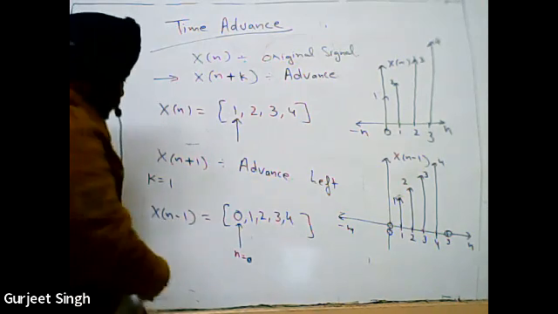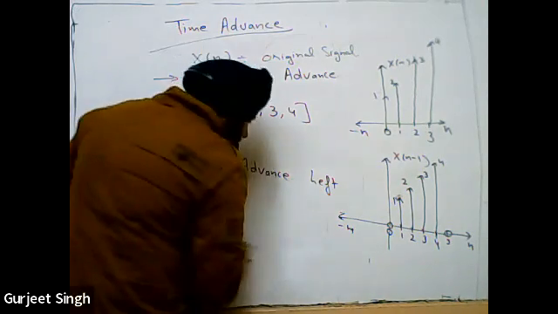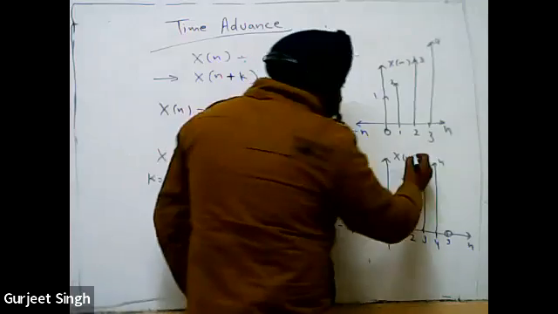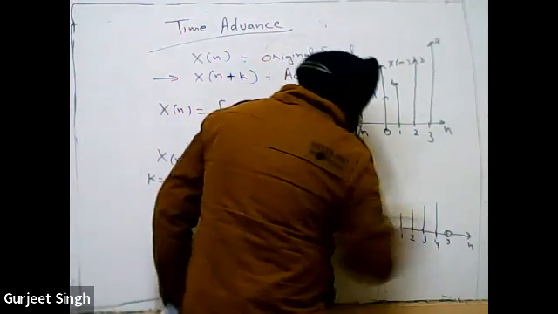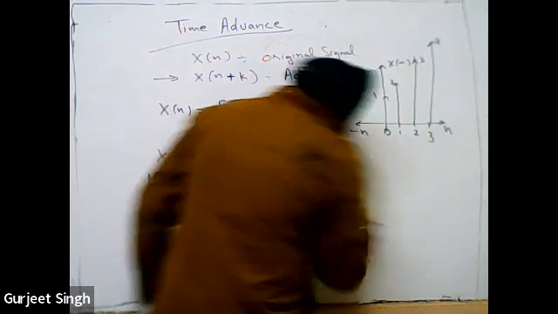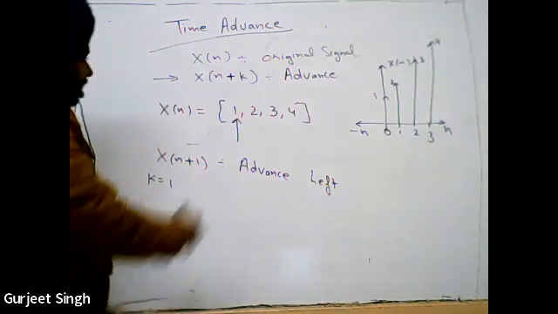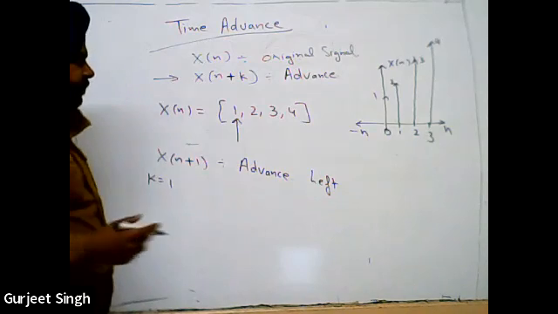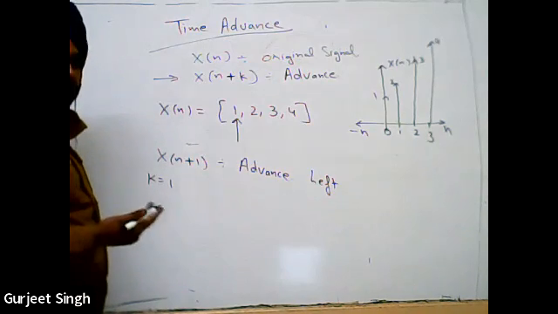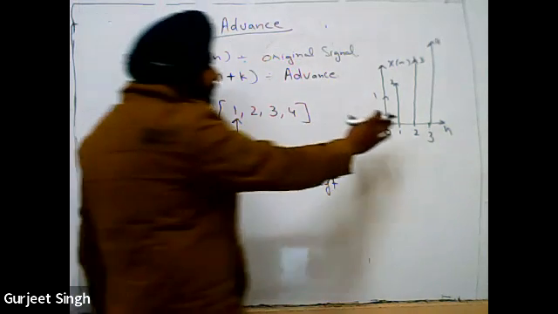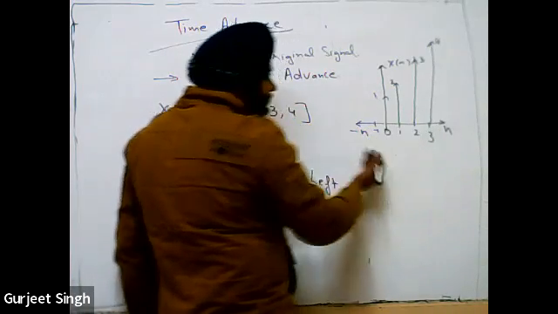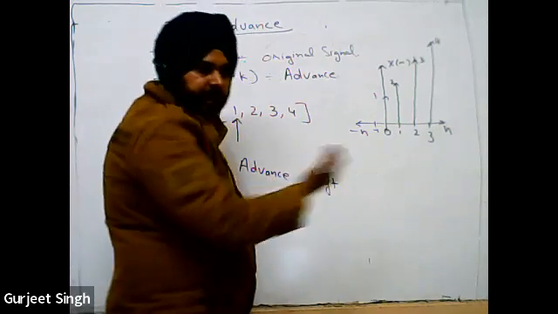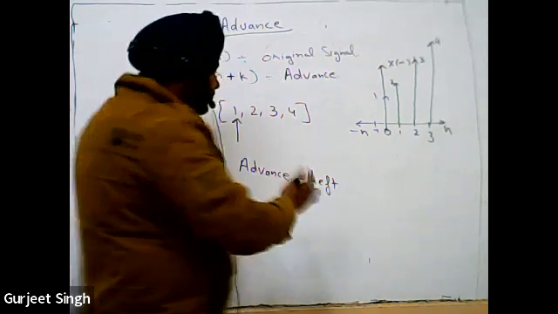So how to represent this x[n+k]? I will draw this signal again. We have to perform the advance operation. Advance means shifting toward the left side. This is my original signal. Shifting this signal by one sample toward the left side.